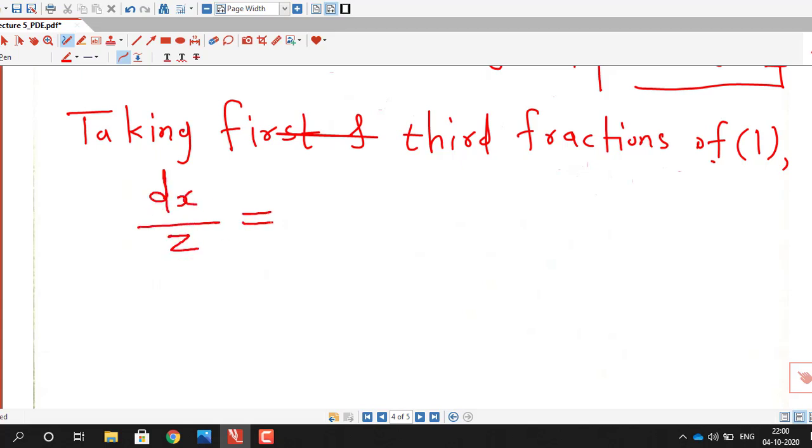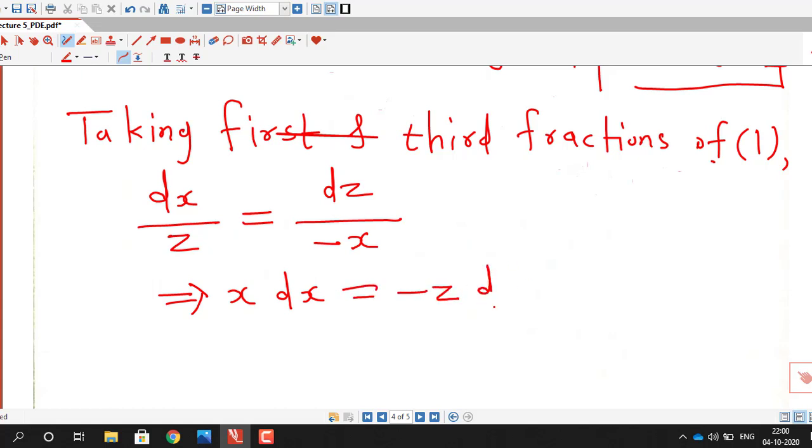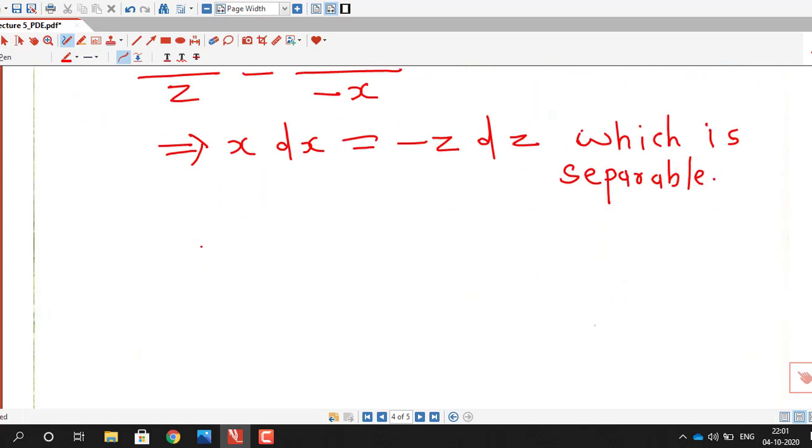Dx upon z equal to dz upon minus x, and this we rewrite as x into dx equal to minus z into dz. So you can see this is separable. Variables are separated. With dx we have x, and with dz we have minus z. So here also we can directly find out the solution by direct integration on both sides.